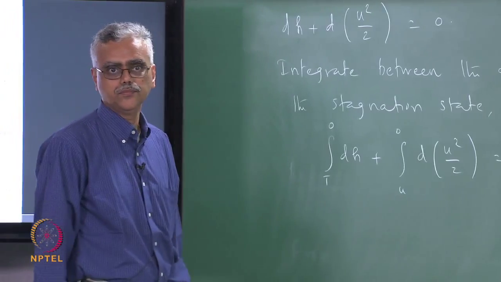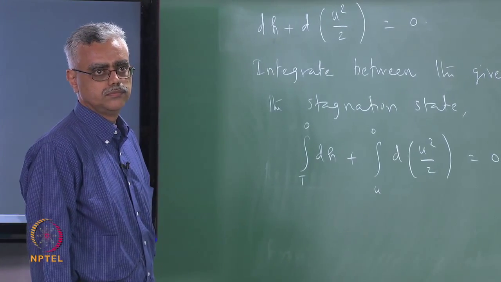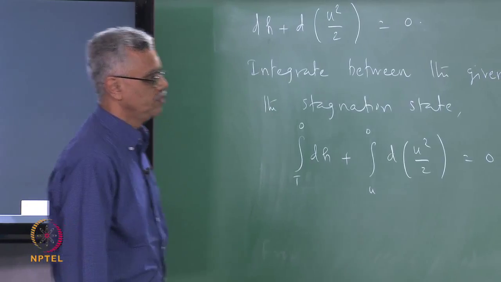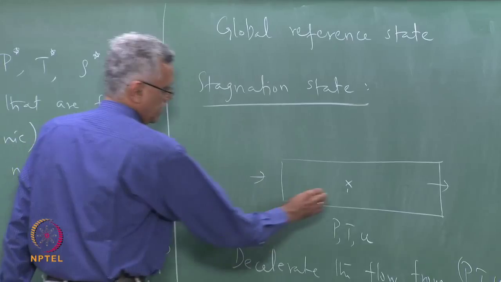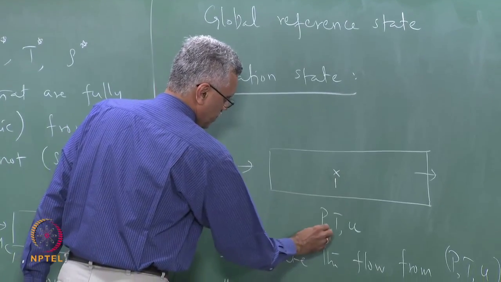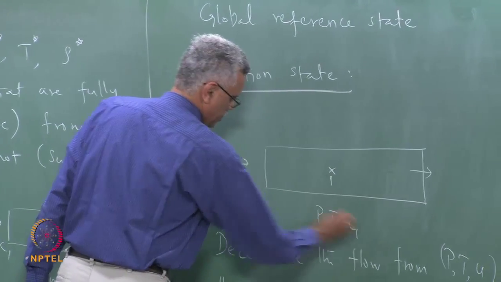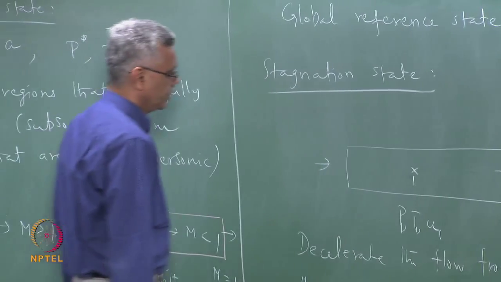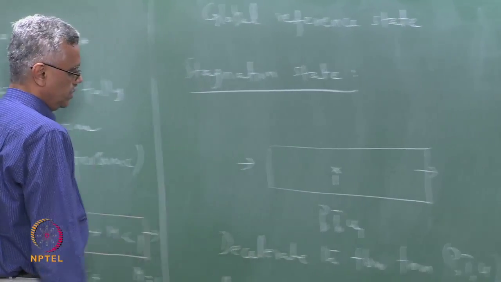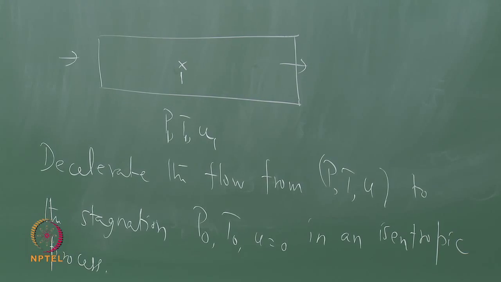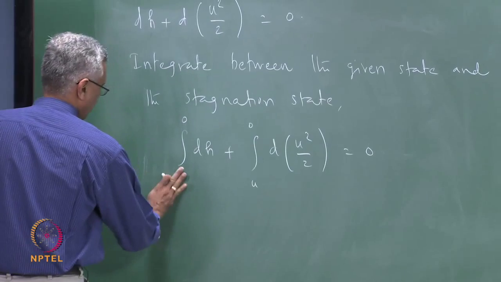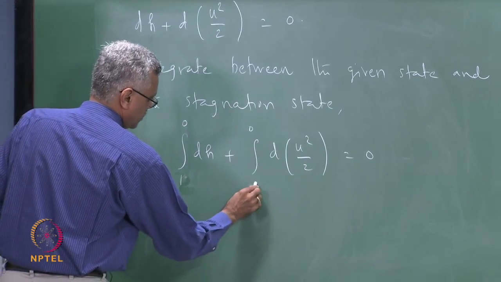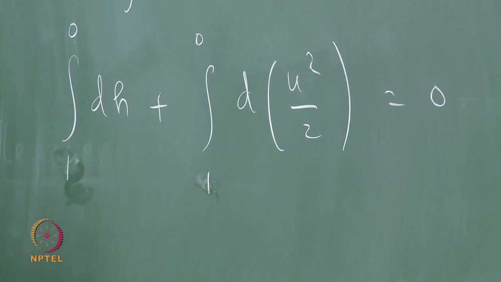Or if you wish I can call this state, let us say state 1. Let us call this state 1, so that this is P1, this is T1 and this is U1. So we go from P1, T1, U1 to a state where we have P0, T0 and U equal to 0. So if that makes better, then I will write this as from state 1 to state 0. So that is how we are integrating this equation.